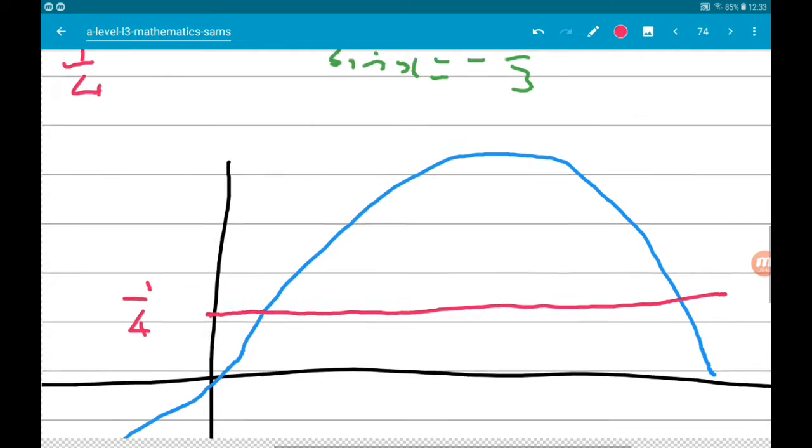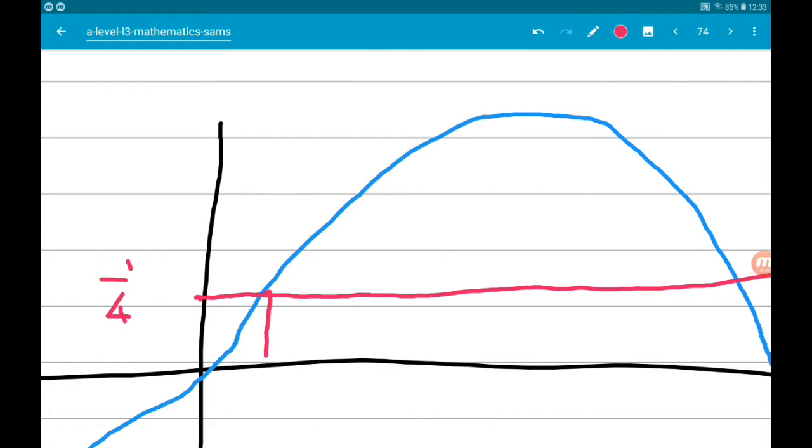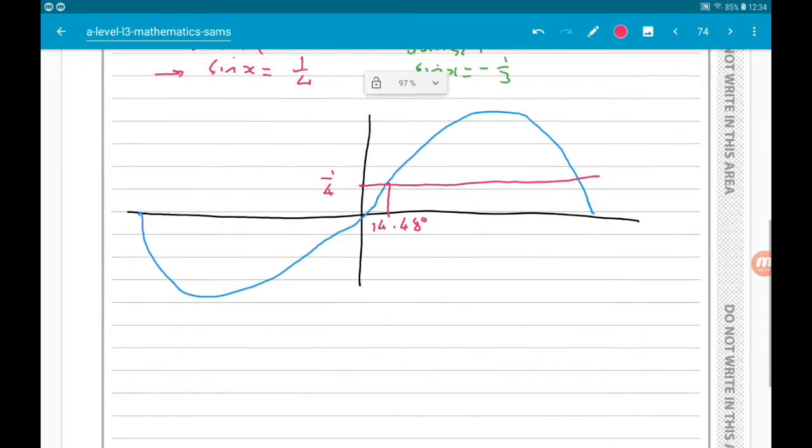Okay, so if we inverse sine 1/4, we get 14.48 to 2 decimal places. So there's one solution.